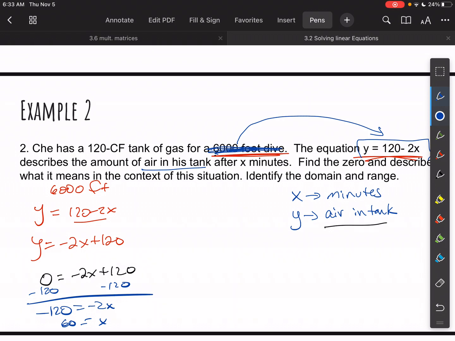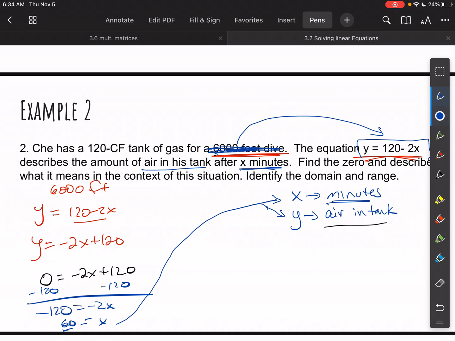All right, so now, just find the 0 and describe what it means. Well, what does it mean? It means that I have 60 minutes until my tank runs out. I set my Y to equal 0. My tank will run out when Y is 0. And how long does it take for that to happen? 60. So I'm assuming that's 60 minutes since my X is in minutes.